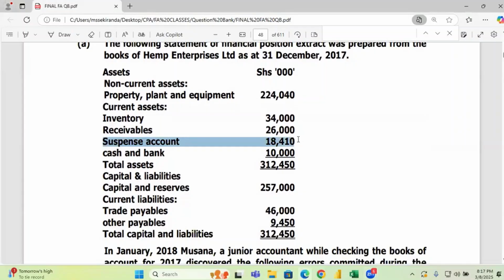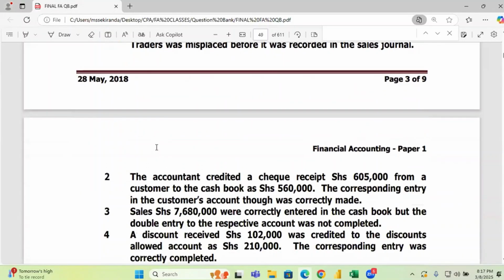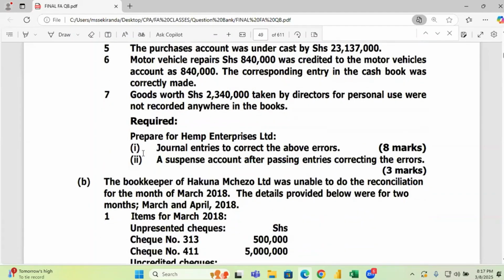I think you see it. It is under assets. The junior accountant, Musana, while checking the books, discovered the following errors committed during the year ended 31st December 2017. They want us to correct these errors and also balance the suspense account.